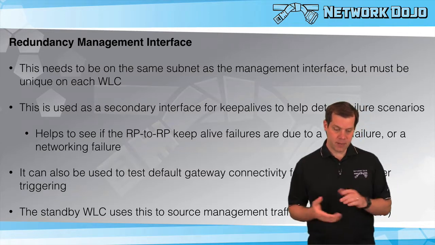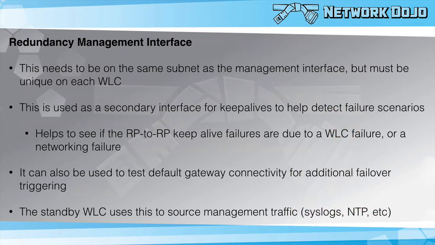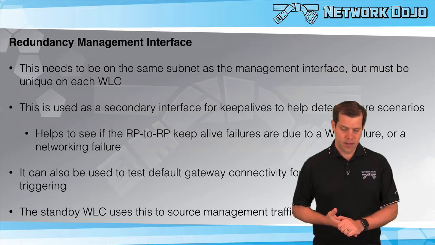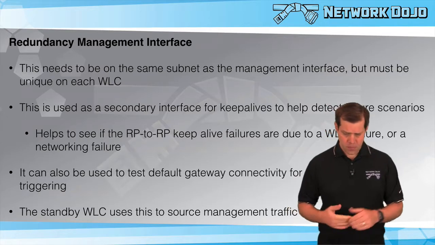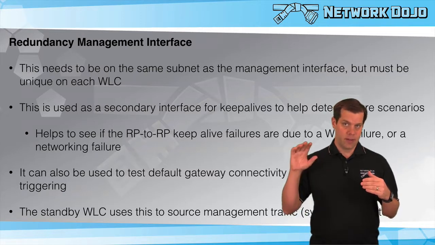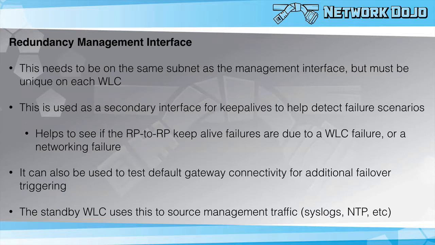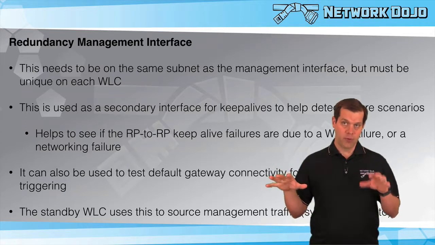So this interface becomes almost a secondary interface for keep alives to help detect different types of failure scenarios. We need to try to figure out, if that redundancy port link goes down, is it because one of the controllers truly went down, or was it just something in the network went down, but both controllers are both up?